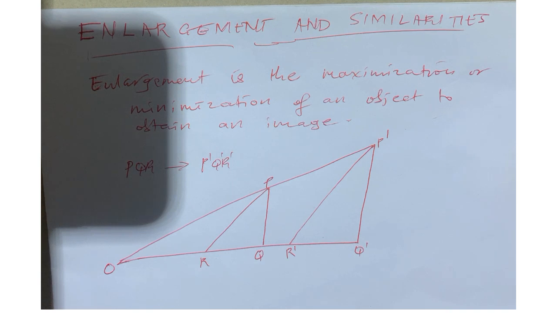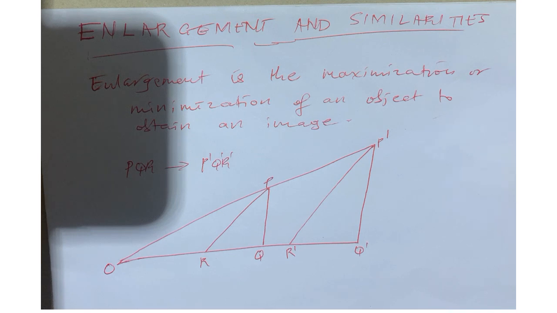Okay. Now, one thing we got to note is that under the enlargement and similarities, if my object is being transformed to the image, and the object that I have is a triangle, if it undergoes the enlargement, the image doesn't become a rectangle, parallelogram, or trapezium. It doesn't become any other shape, but the shape that I transformed initially, right?